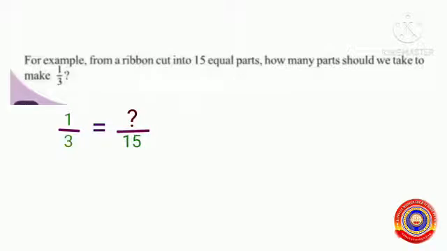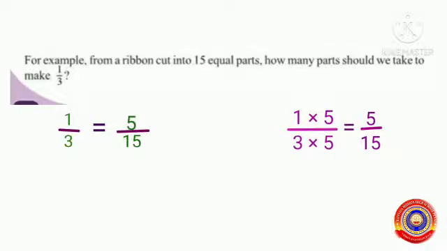For that, we have to find out 3 into which number gives 15. 3 into 5 equals 15. Then we have to multiply the same 5 with the numerator also. Then 1 into 5 equals 5 and 3 into 5 equals 15. The fraction we got is 5 by 15. Then 1 by 3 is equal to 5 by 15.